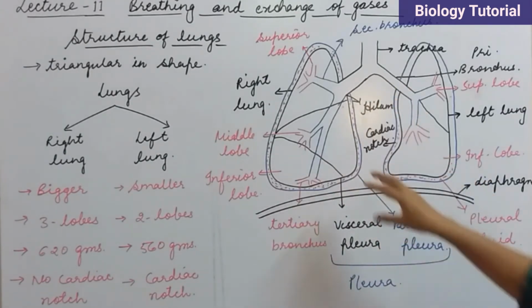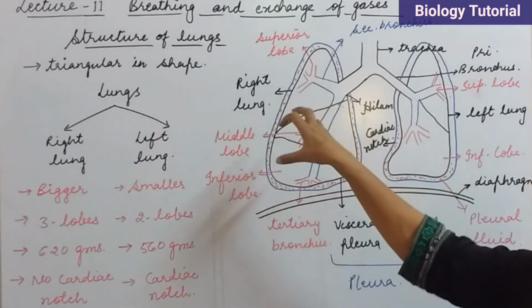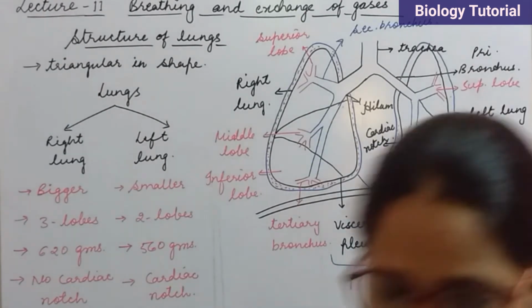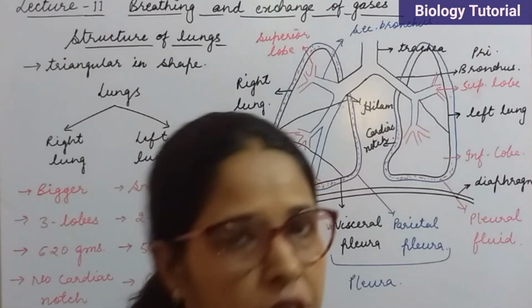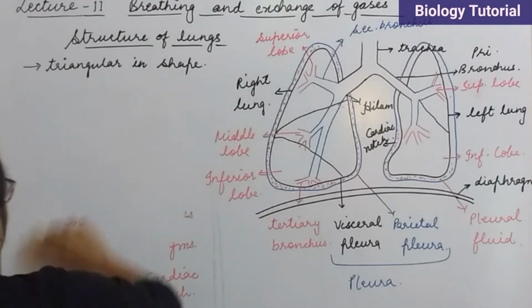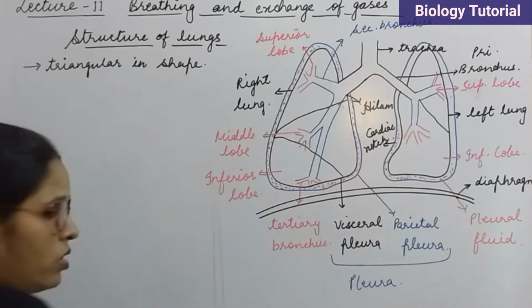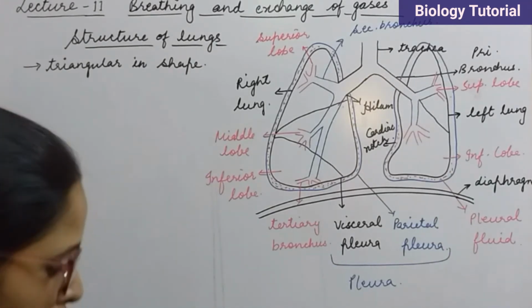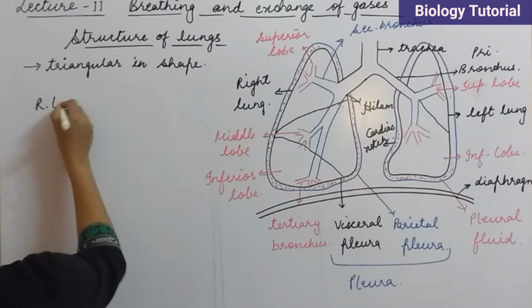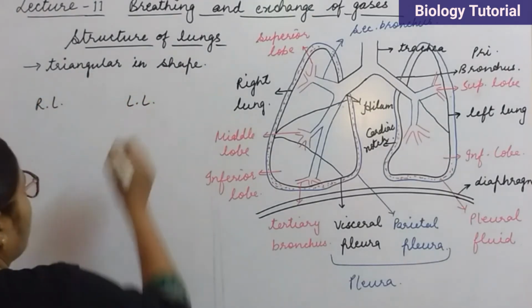Now we are talking about the number of these bronchi. How many bronchi are present in the right and left lung? Here is the right lung, and here is the left lung.